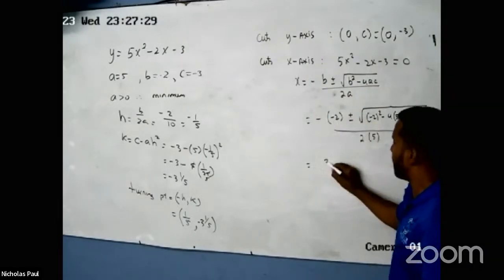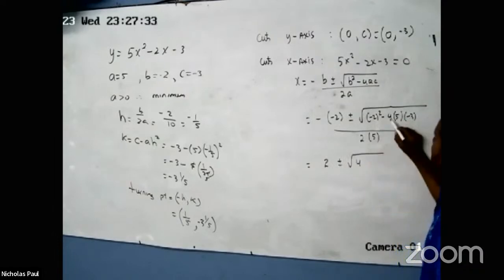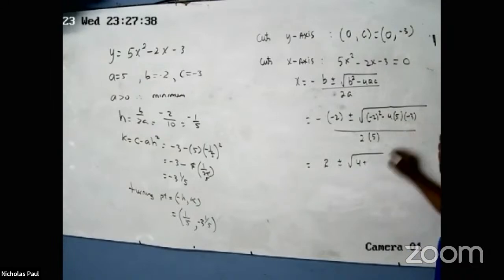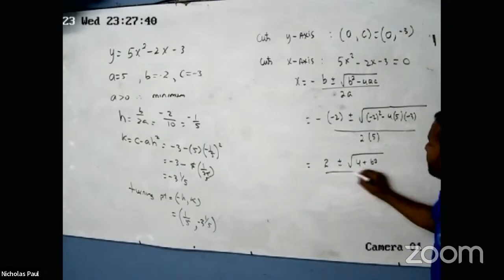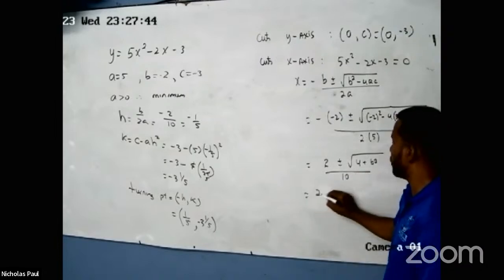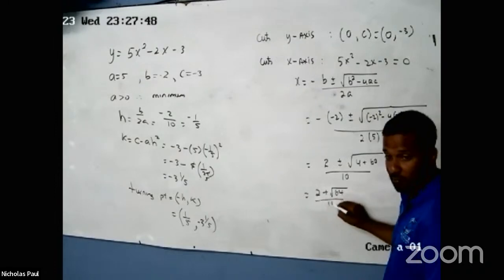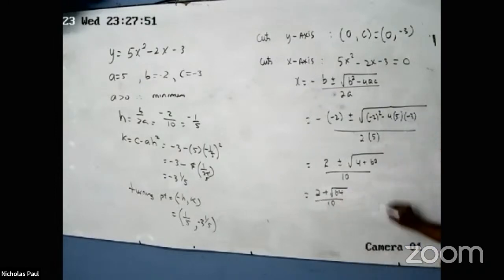Minus a minus is a plus. 4 times 20 by 3... 20 by 3 is 6, all over 10. Okay, so now we have 2 plus the square root of 64 over 10, and we have 2 minus the square root of 64 all over 10.